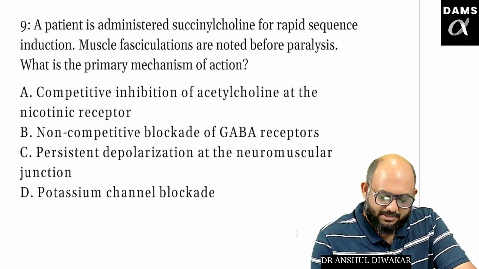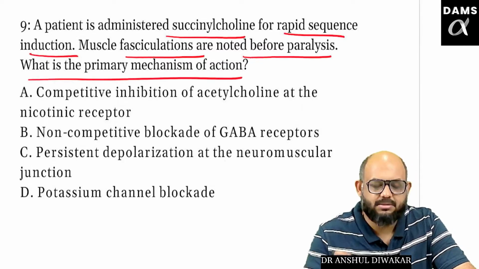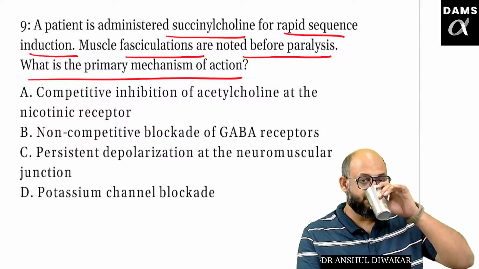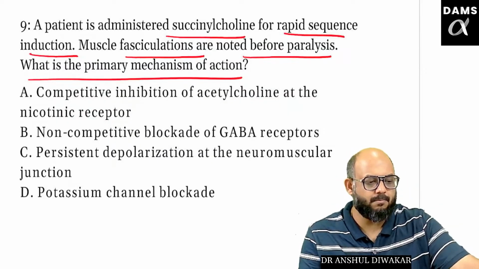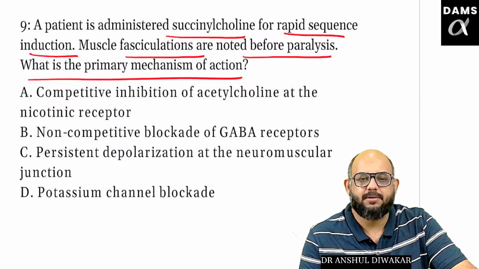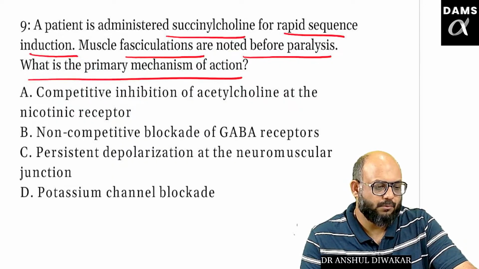A patient is administered succinylcholine for rapid sequence induction. Muscle fasciculations are noted before paralysis. What is the primary mechanism of action? Can you tell me what muscle relaxant this is?